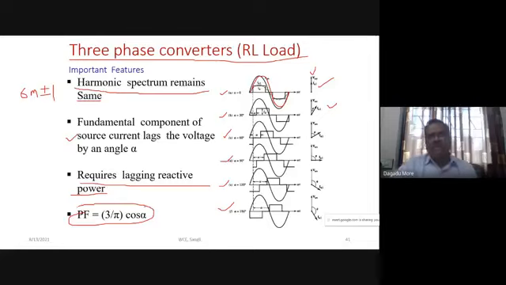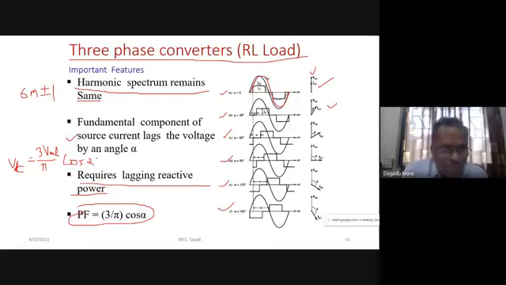And our output DC voltage VDC, what is the formula, can you recall? Thrice VML by pi cos of alpha. That will be our expression for output voltage.